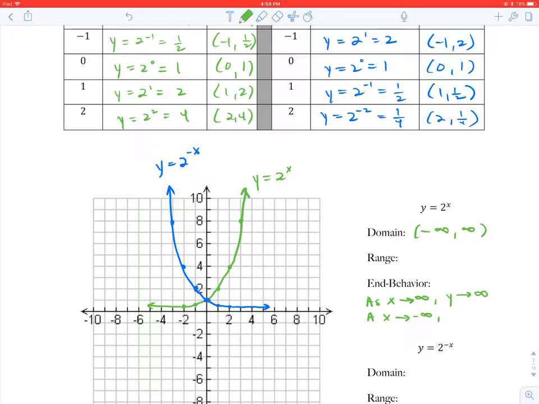If we substitute negative 1,000 in, that would end up being 1/2 raised to the 1,000th power, which is a very, very small but positive number. And then if we substitute in negative 10,000 for x, it's 1/2 raised to the 10,000th power, and that's also a very, very small positive number, but even smaller than 1/2 to the 1,000th power.